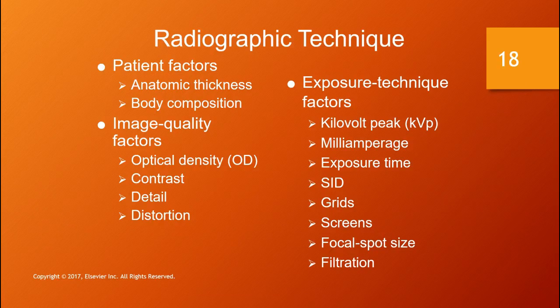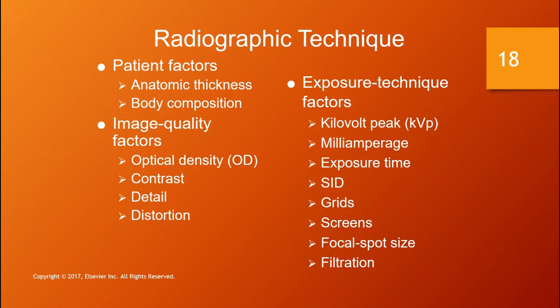Okay, this next slide is radiographic technique and what affects that. Okay, and we've gone through this already. This is just an overview for the rest of chapter 13. So what affects radiographic technique are patient factors: anatomic body thickness, body composition, is it air, is it fat, is it muscle, okay? Your image quality factors, as you all know, the 4 image quality factors: optical density, image contrast, image detail, and distortion, okay?